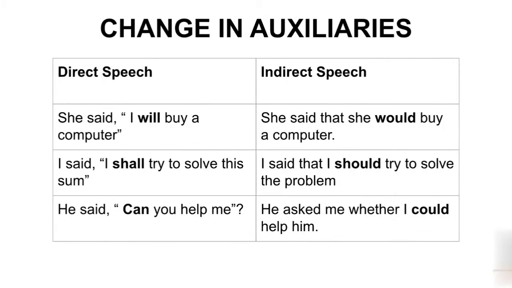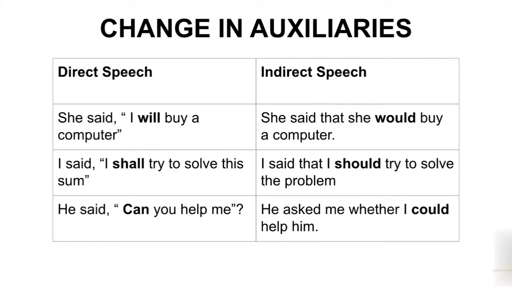Now the next part is change in auxiliaries. We know which are the auxiliaries: can, could, would, shall, should, etc. So while changing the speech from direct to indirect, shall becomes should, will becomes would, can becomes could. Let's see some examples.